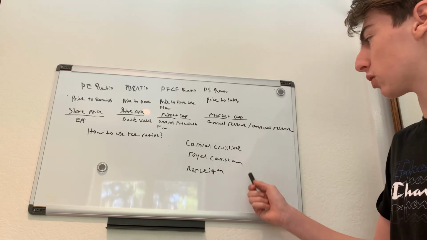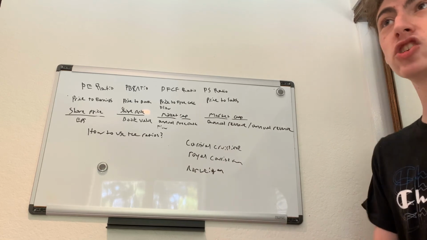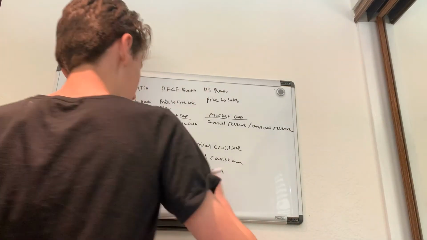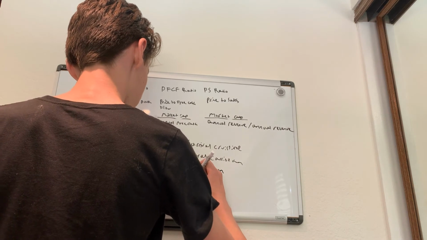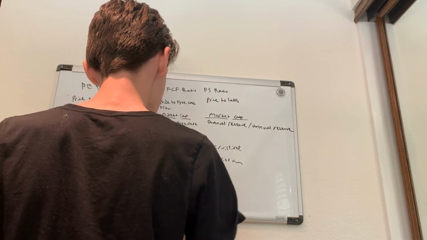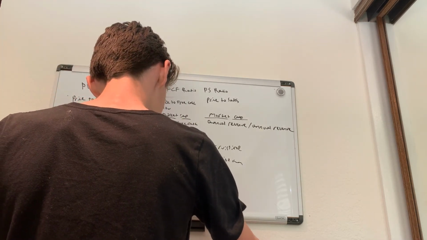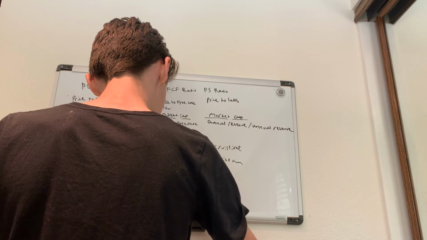If you're just looking at the cruise lines, you'd only compare it to these two. But if you're looking at vacation in general, you would be looking at Airbnb, Hilton, Hyatt, and another one that's good is Marriott.